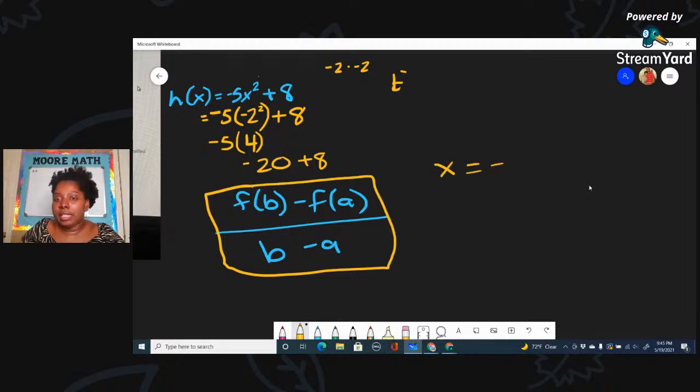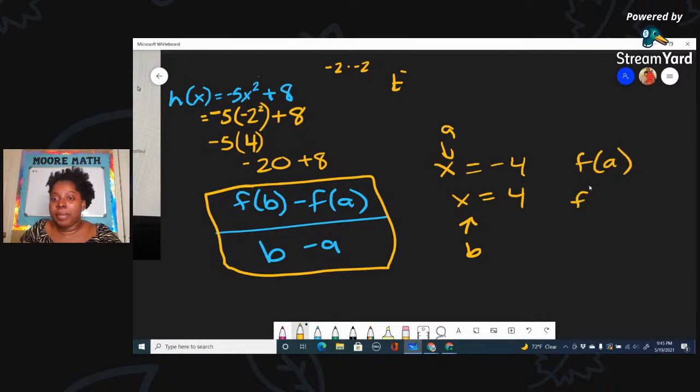So when X is -4 to 4, the first one is A, and that last one is B. When you plug it in, that's F of A, and when you plug in the last one, that's F of B. So that first number is A, that X value that they give you, and then the last one is B. Plug it into this equation.